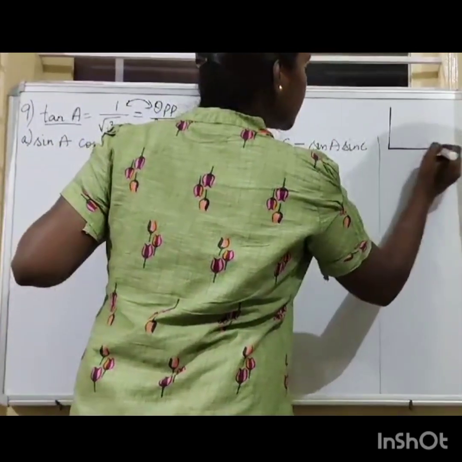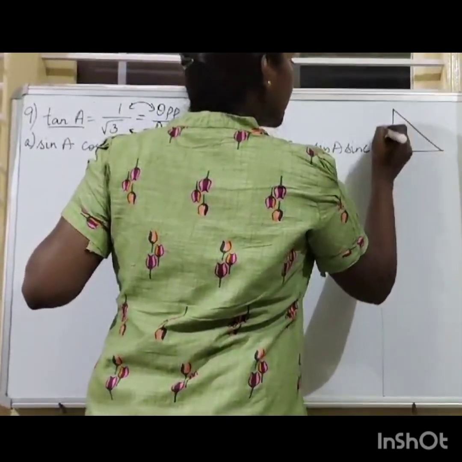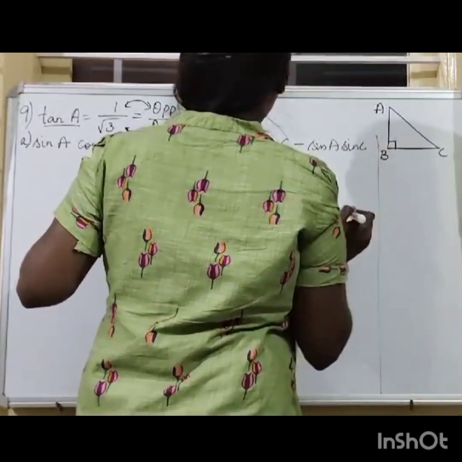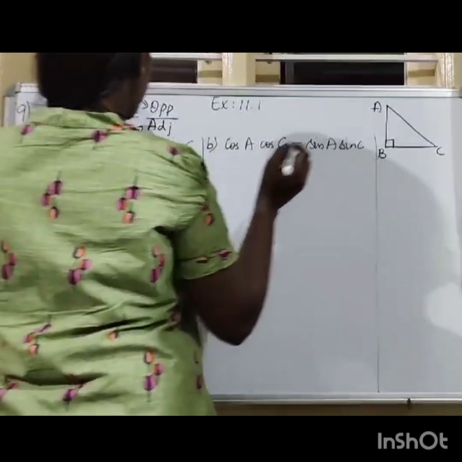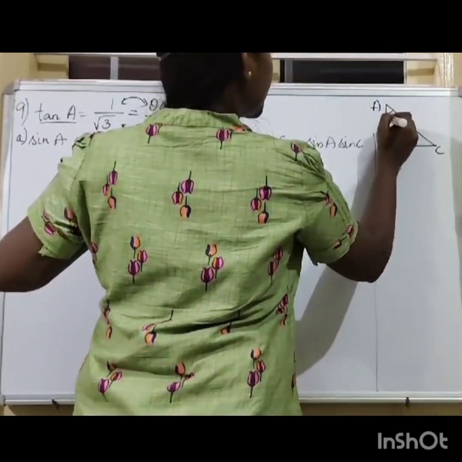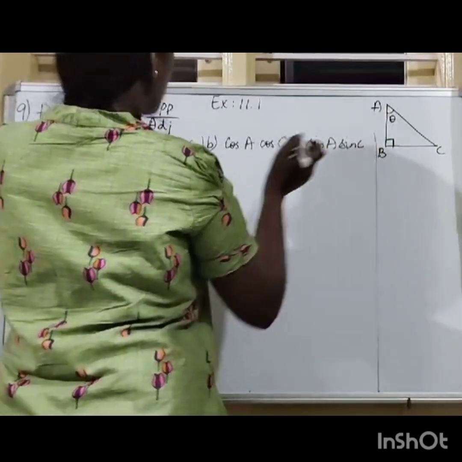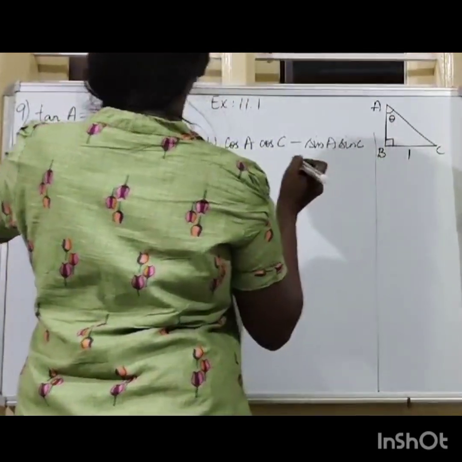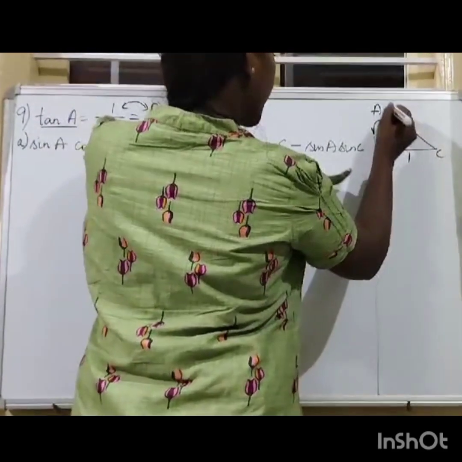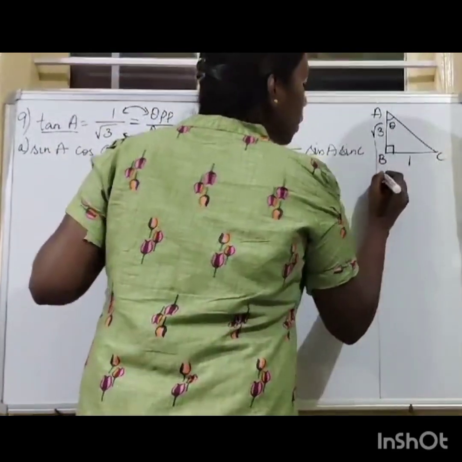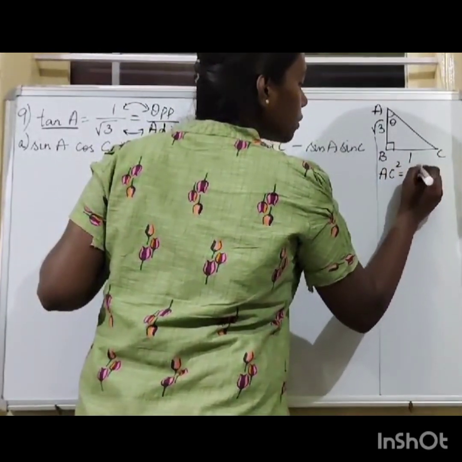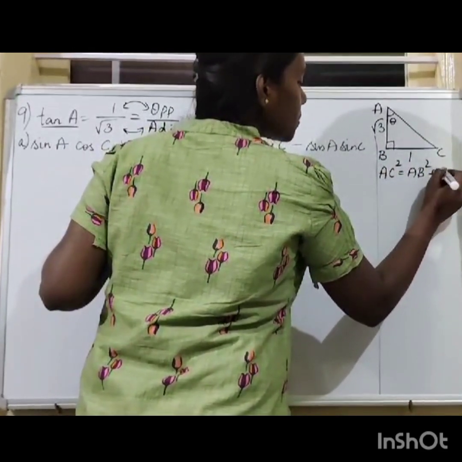Consider a right angle triangle ABC right angled at B. Now if we consider A as theta, opposite will be 1 and adjacent will be root 3. We'll have to find out AC value. We'll be using Pythagoras formula. AC square is equal to AB square plus BC square.